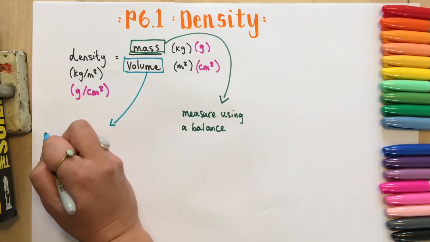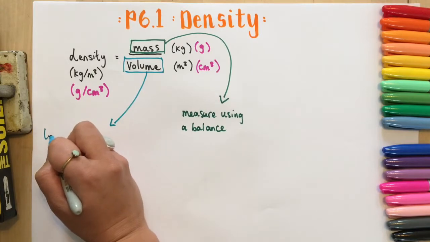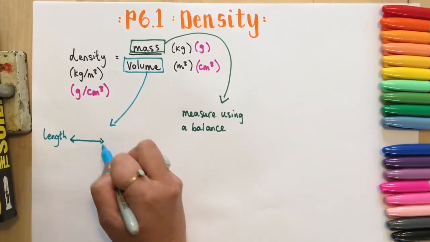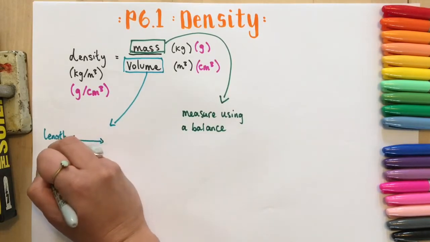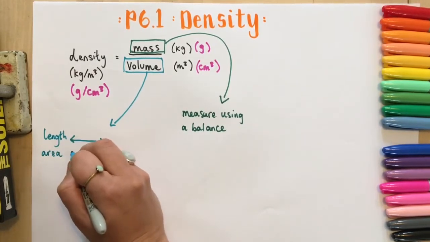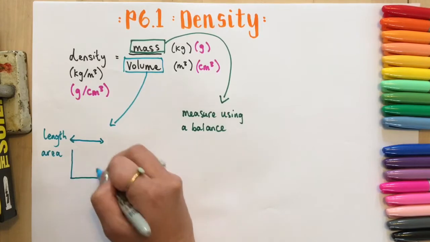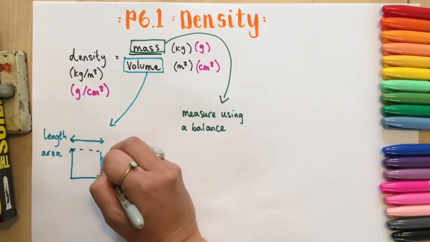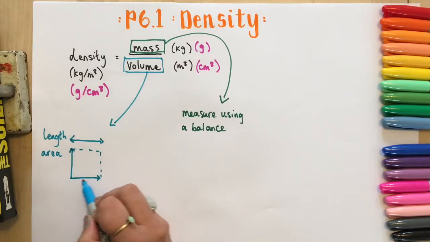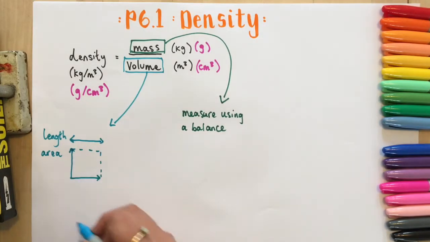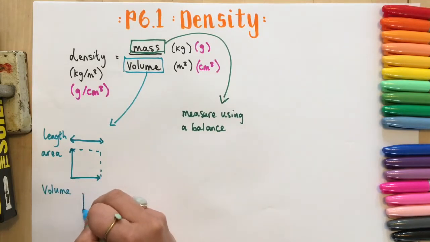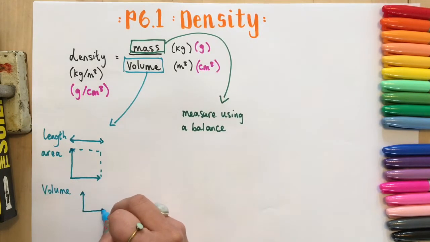So if we think about what we already know, we can have length, which is in one dimension. We can have area, which is in kind of two dimensions. So we would do the length times the width. And we can have volume, which is in three dimensions.